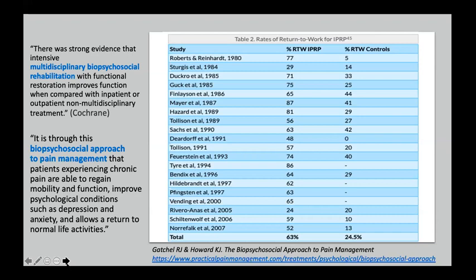And in fact, in the Cochrane collaboration, there's a recommendation that intensive multidisciplinary biopsychosocial rehabilitation for functional restoration of patients with chronic pain should be done, because this kind of approach would now help your patient regain mobility and function, improve psychological conditions such as depression and anxiety attendant to chronic pain, and allow a return to normal life activities.